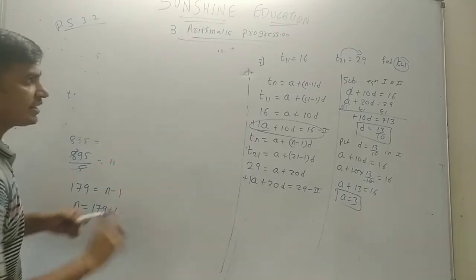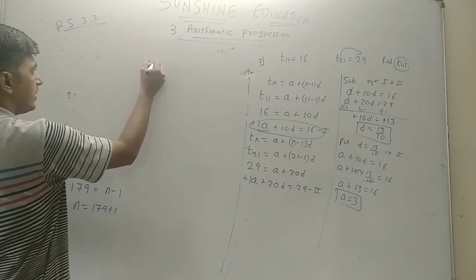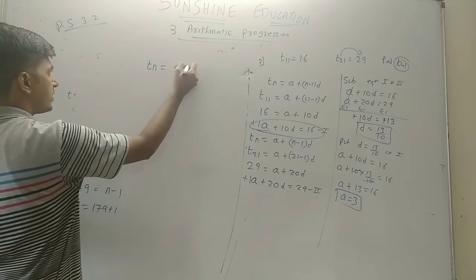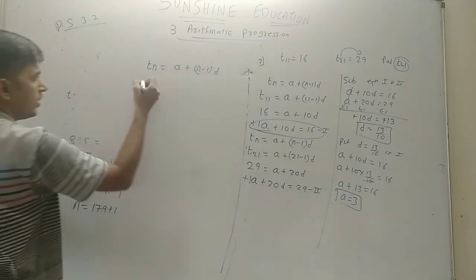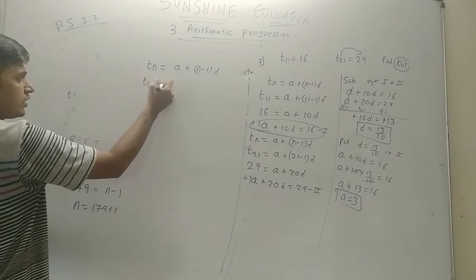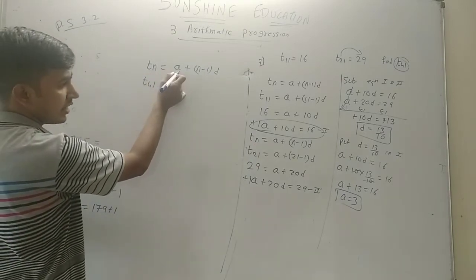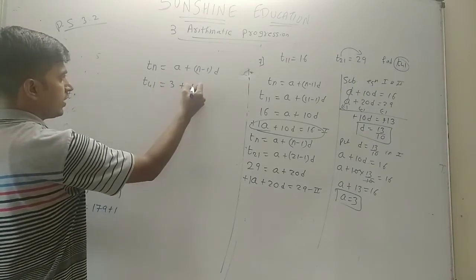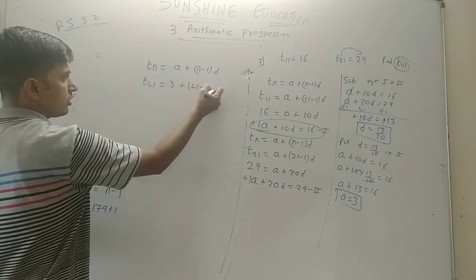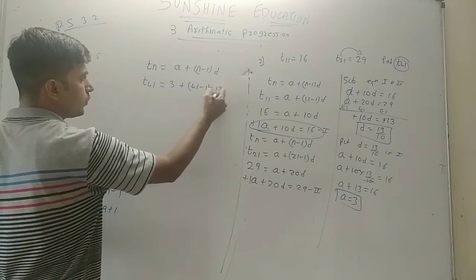Now to find T41, first I write the formula of Tn, a plus n minus 1 into d, so that you can remember the formula. T41, so what is the value of a? It is 3. n minus 1, 41 minus 1, and what is the value of d? It is 13 upon 10.